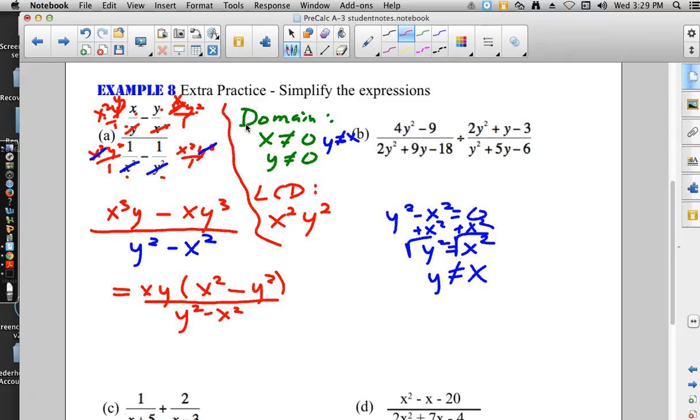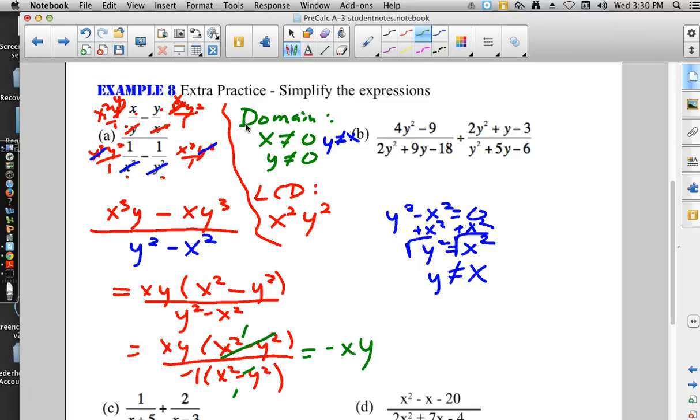Now we didn't get a new domain restriction at this point, but what we're going to do is divide by a -1 so that we can reverse. Remember, a -1 will give us the opposite of everything that we have. So that will give us a positive x squared and a negative y squared, and that will work out perfectly.